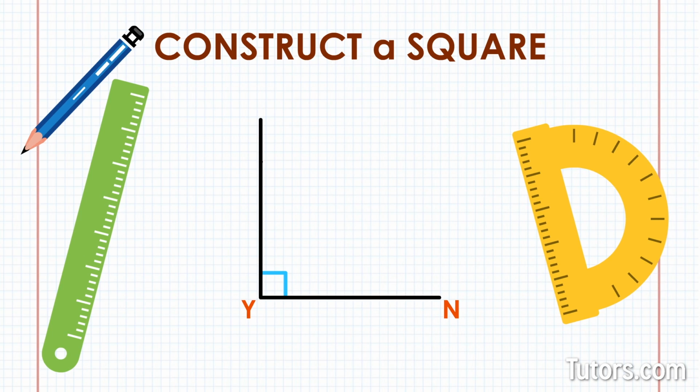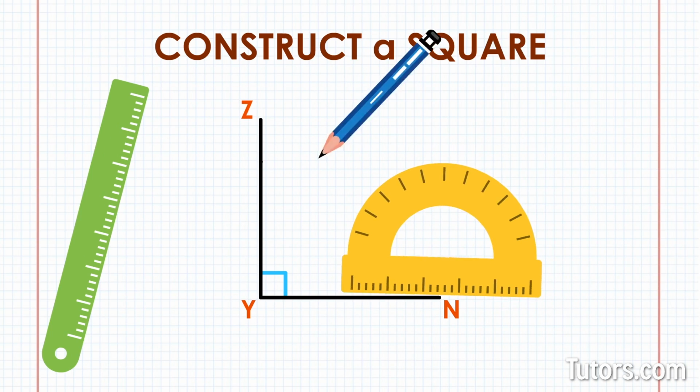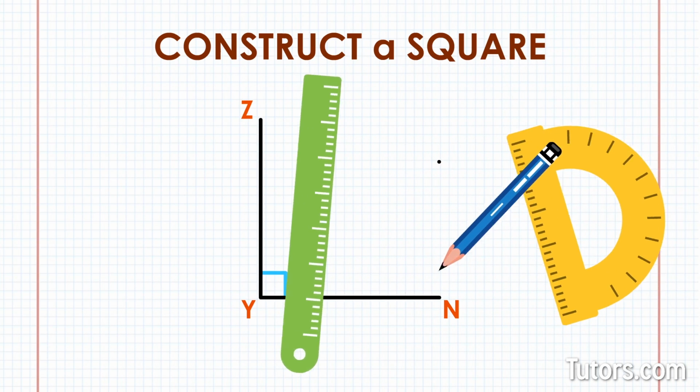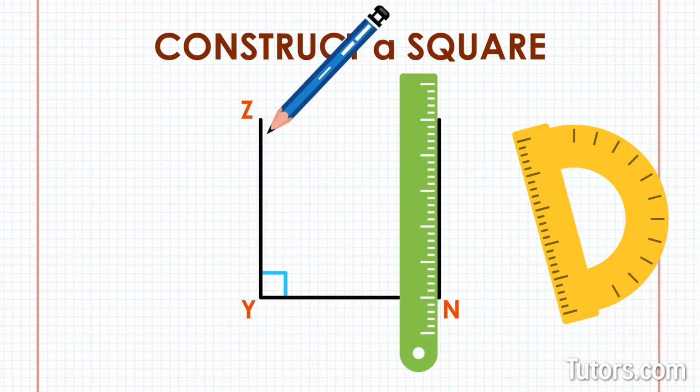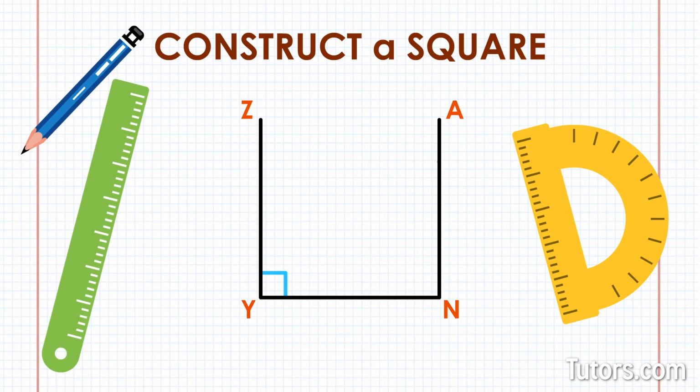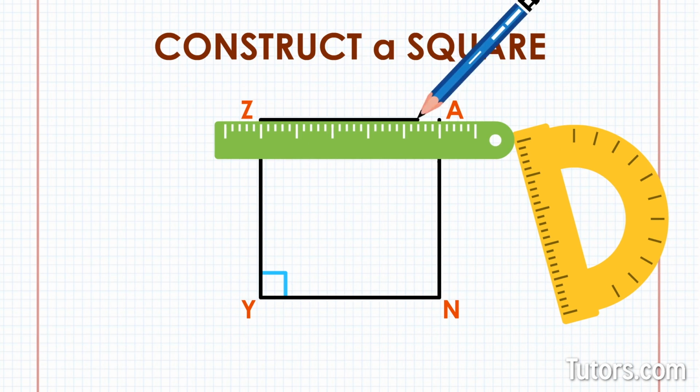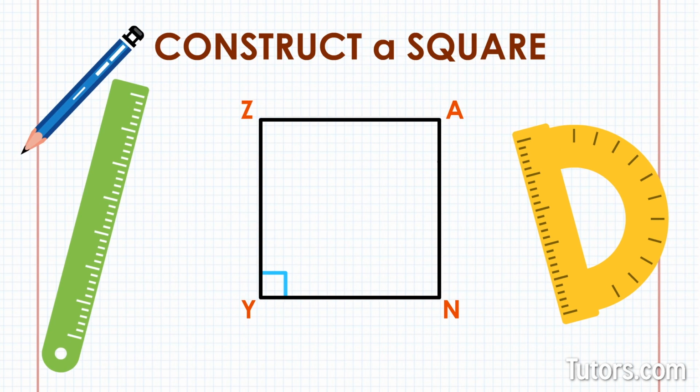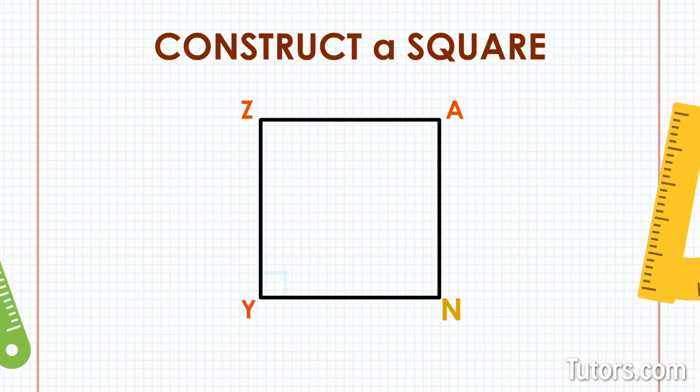Label its endpoint Z. Repeat that process to make a line segment rising up from endpoint N. Label its endpoint A. If you drew everything correctly, connecting endpoint Z to endpoint A gives you a square, ZANY.